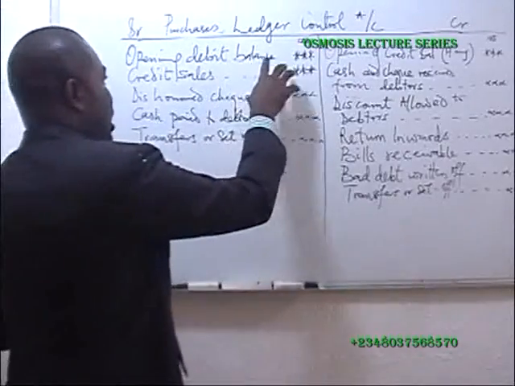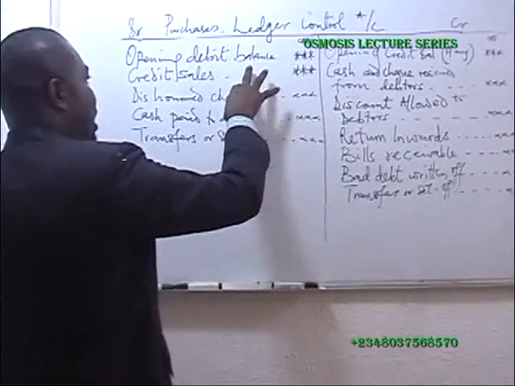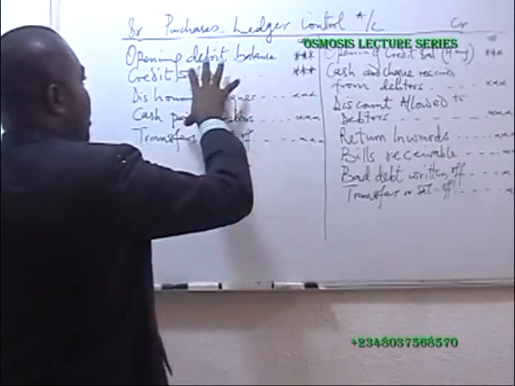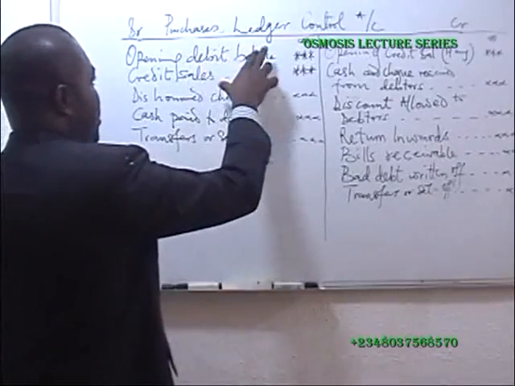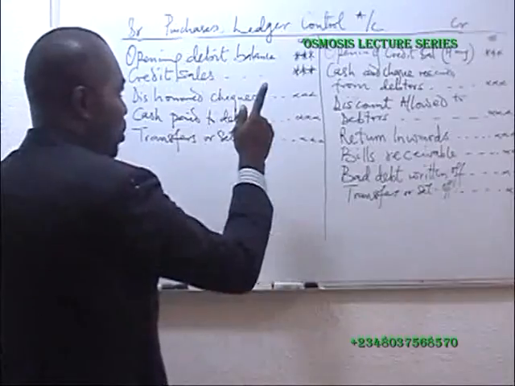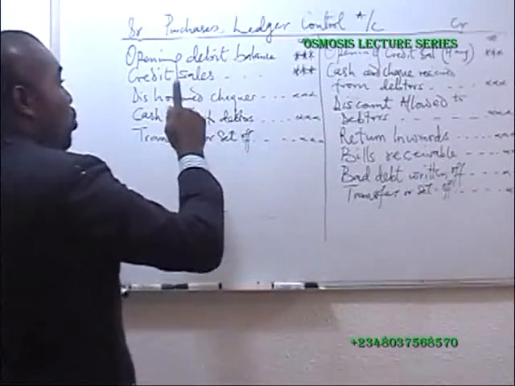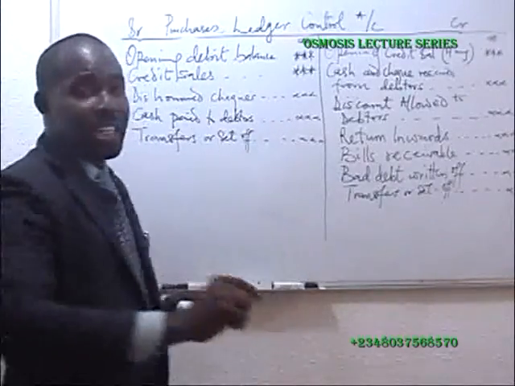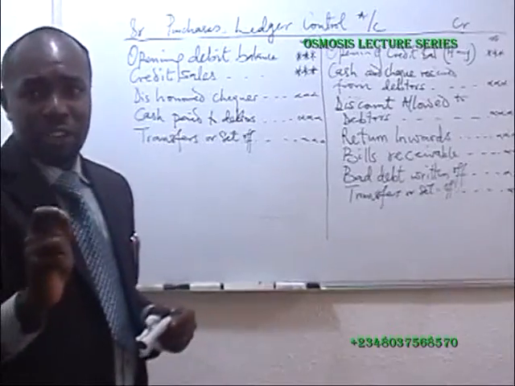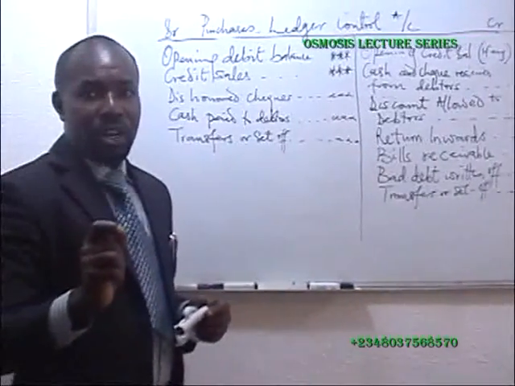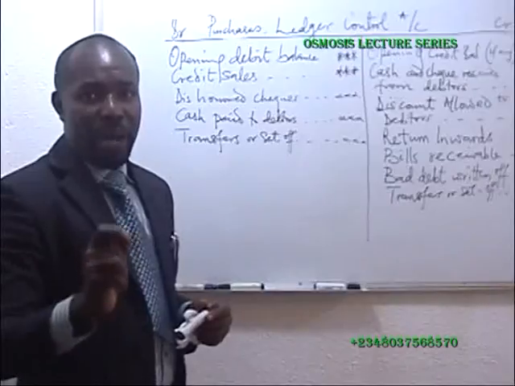Under the sales ledger control account, we have earlier noted that when we make sales, we have debtors. But when we make purchases, we have creditors. And our creditors have credit balance.